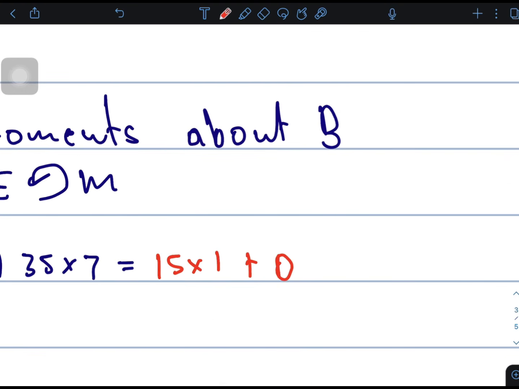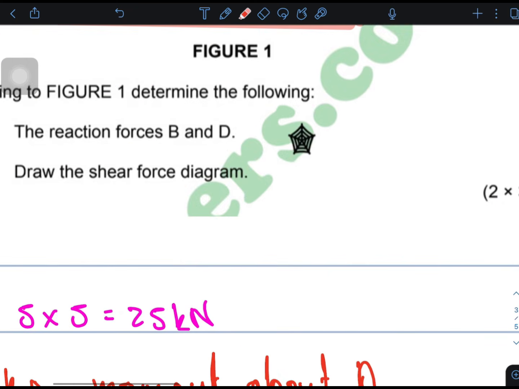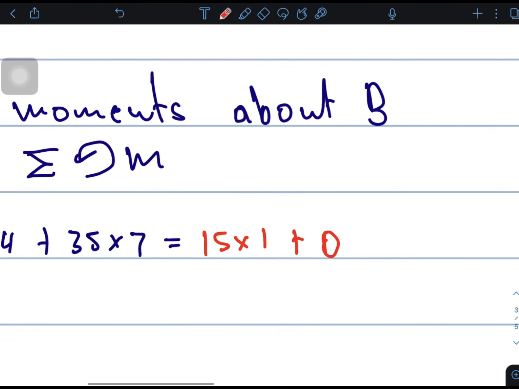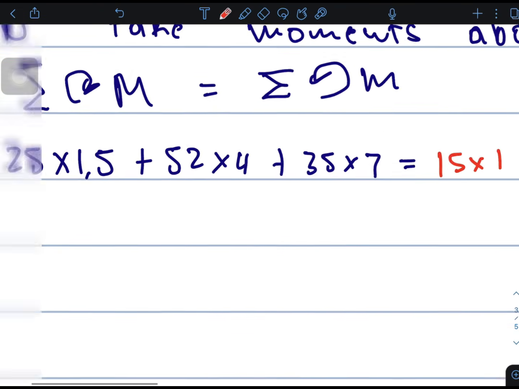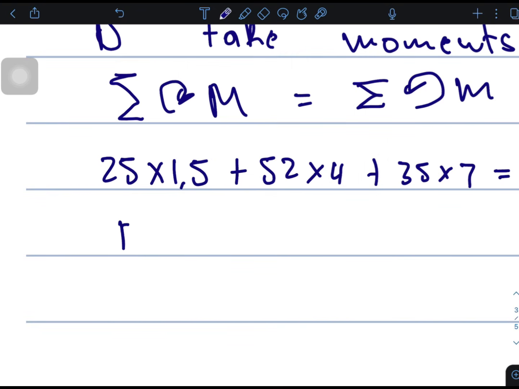What is the distance from the turning point B to the line of action of force D? That distance is 4 plus 1, which is 5, times 5. So what is the value of D? Let me just punch it first.